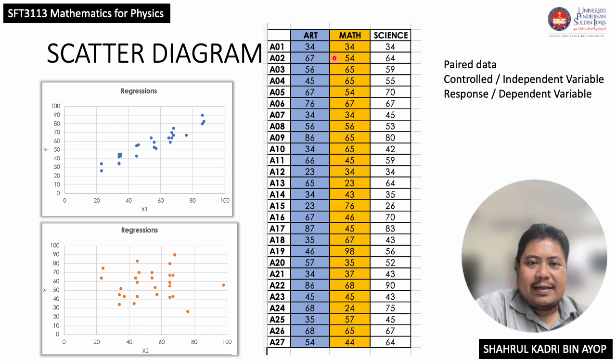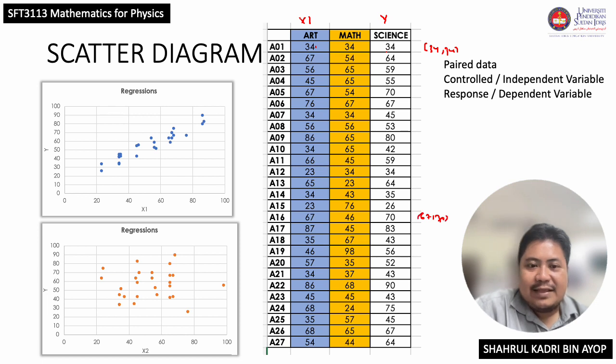So in this case, we can plot all of this data where, for example, we assign art as variable x1, and science as y. So when we transfer this data 34, 34, that means we have point 34, 34, and then for example here 67, 70.